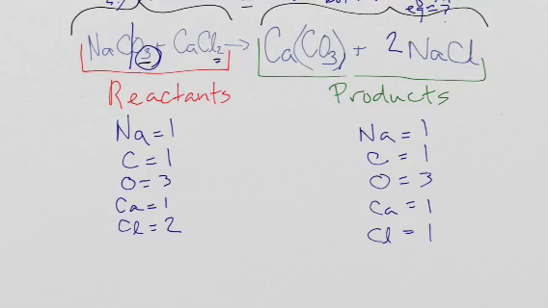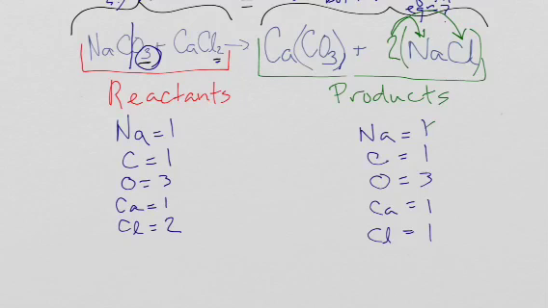And actually, I'm going to do that in a different color. I can add a big number 2 here. But the problem with that is that, sure, my chlorine now has 2, but what else has 2? My Na, because like in exponents, whatever's in front of the bracket gets multiplied by everything inside.